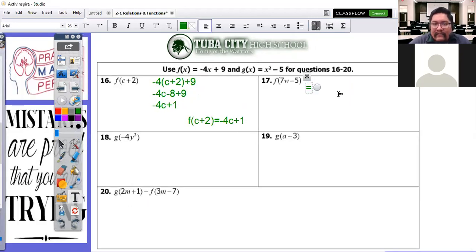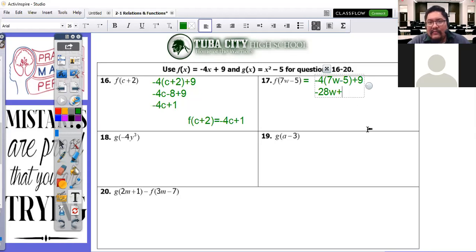So in this case I have the same thing, f of, so let's plug into negative 4x plus 9. But again, instead of plugging in one thing, I'm going to be plugging in multiple things. In this case, I get 7w minus 5. And same thing, I'm going to have to distribute the negative 4 to both terms. So that's negative 4 times 7, which is negative 28w, and then plus, because don't forget, anytime you have a negative on your outside number that's supposed to be distributed, that's also going to cause this one to be multiplied by a negative.